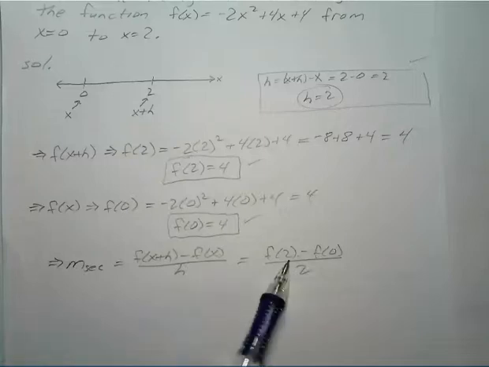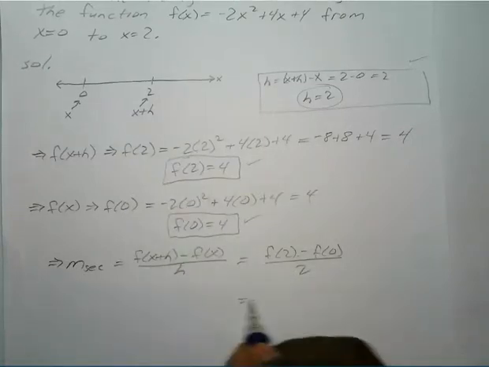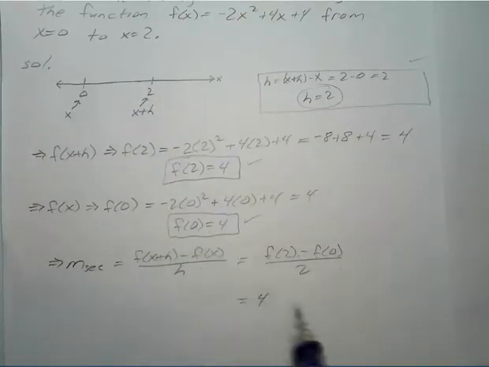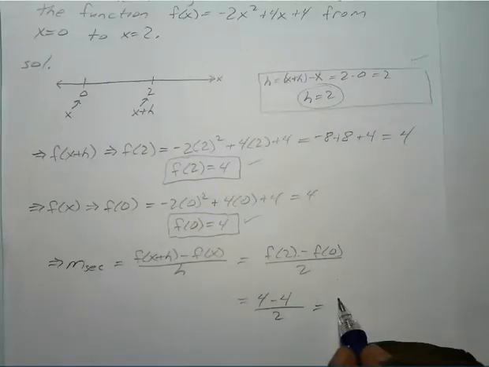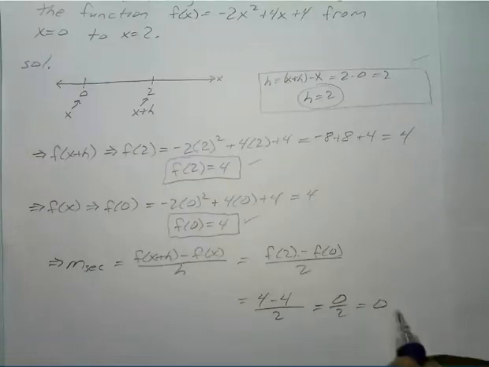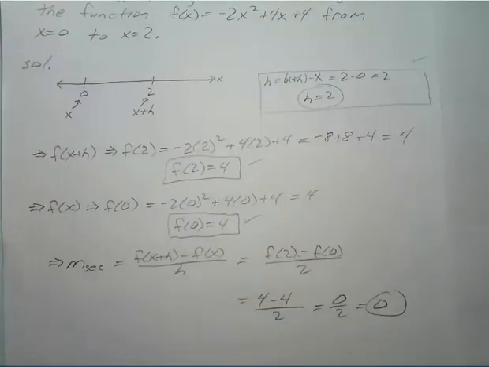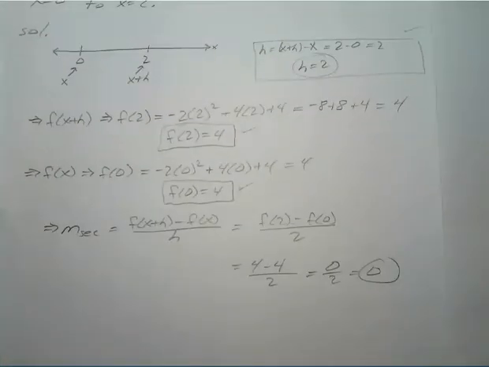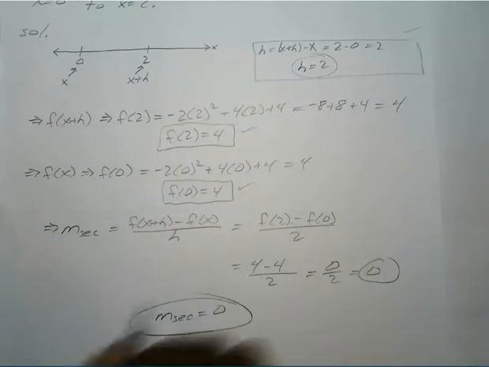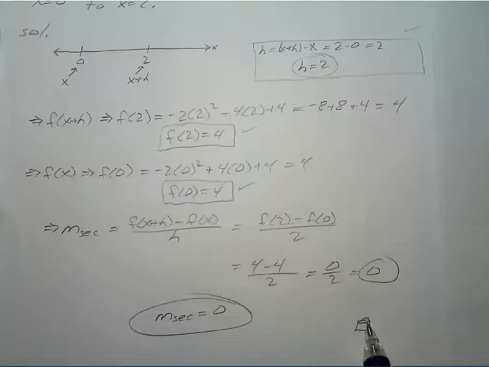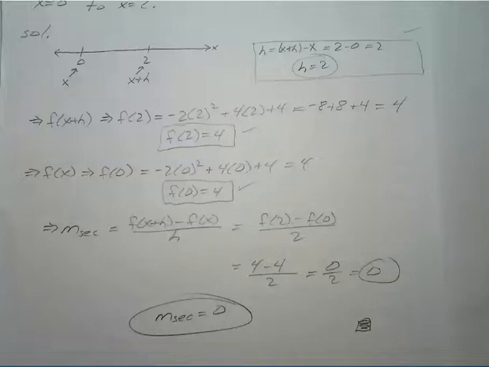Okay, so what's your f of 2? Your f of 2 is 4. Your f of 0 is 4, all over 2, so that's just 0 over 2, or just 0. Okay, so your average rate of change is just 0. Alright, so once you find your values, it's just a matter of plugging it in.